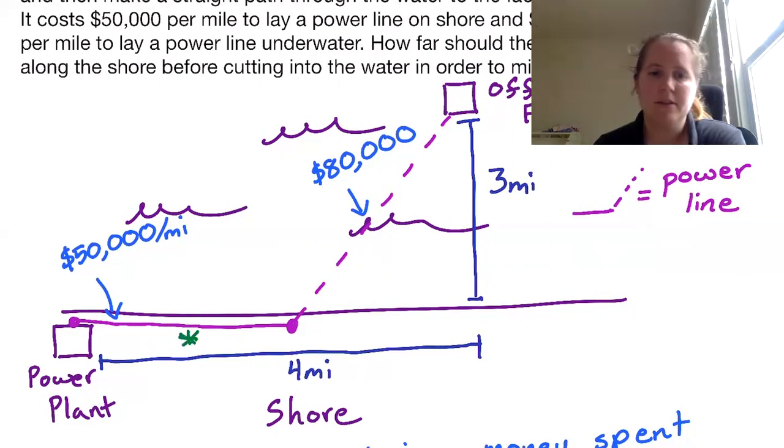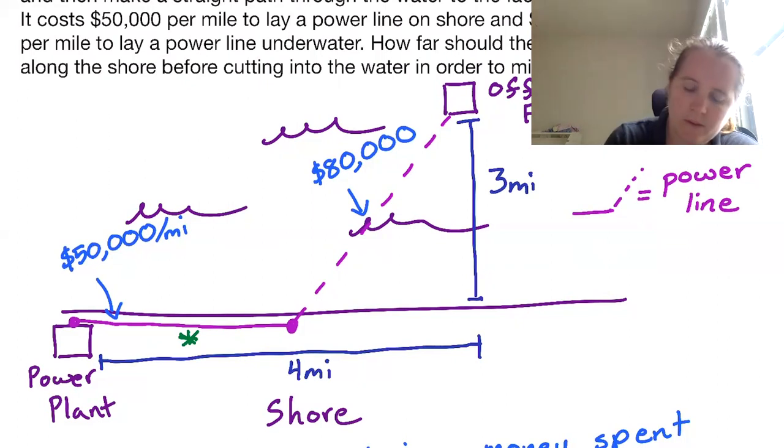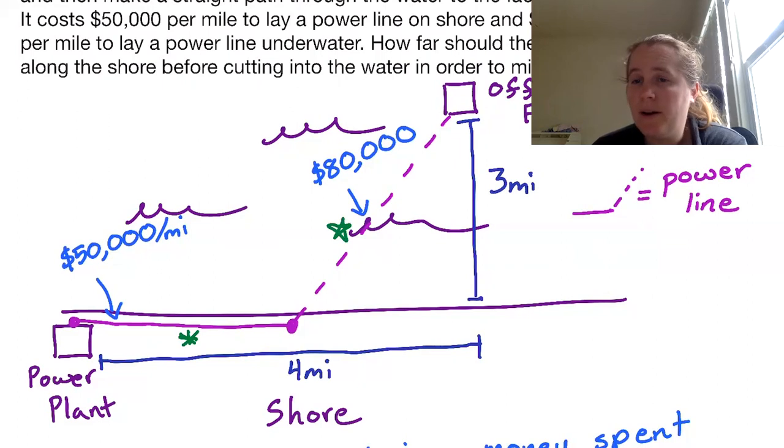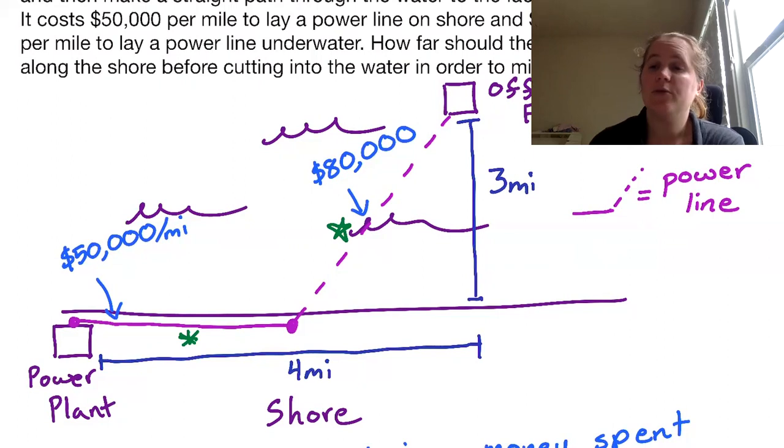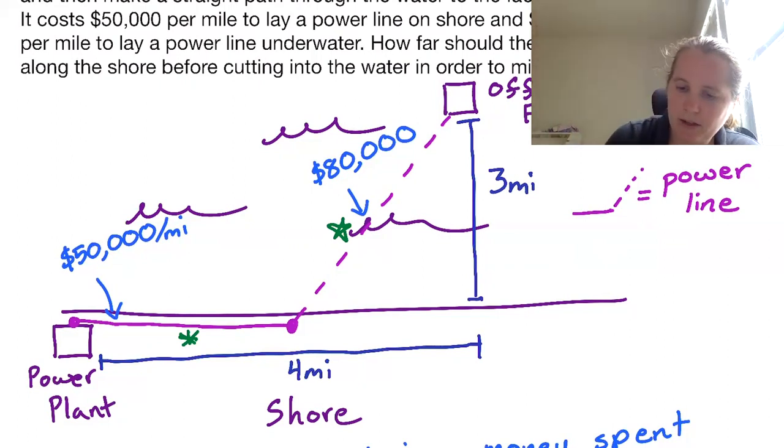The distance that we travel along the shore is of interest, and the distance traveled underwater is of interest. Now, for how we're cutting through water, we're dealing with a right triangle. And so we are likely going to need the Pythagorean theorem for that.